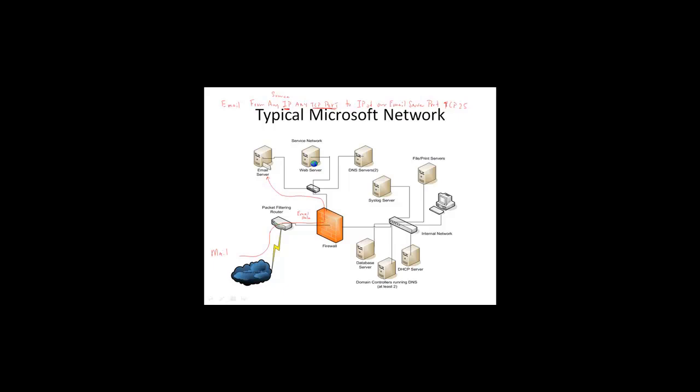We do know the IP number of our email server, and we know that the traffic's going to the destination. This is the destination side. The destination is going to be TCP port 25. This is the port of the Simple Mail Transfer Protocol.